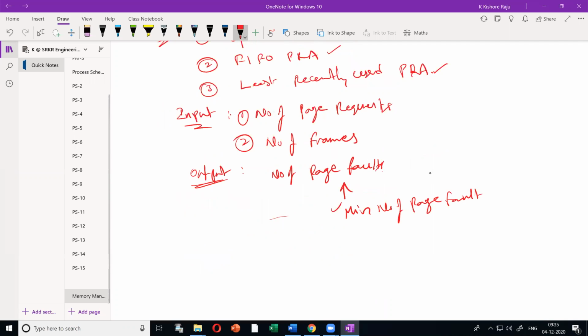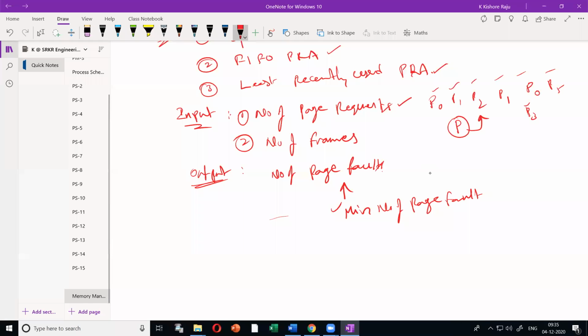For the given situation, the page replacement algorithm has to take the page requests like P0, P1, P2. Maybe again it may ask for P1, maybe P0, P5, P3, like this. So these are the different pages that are requested by any process.